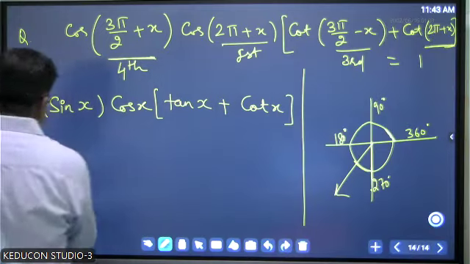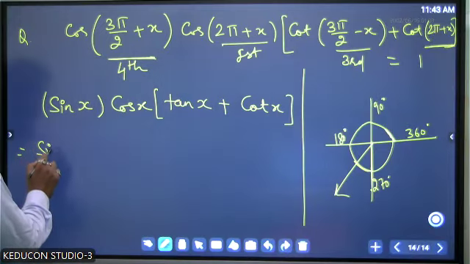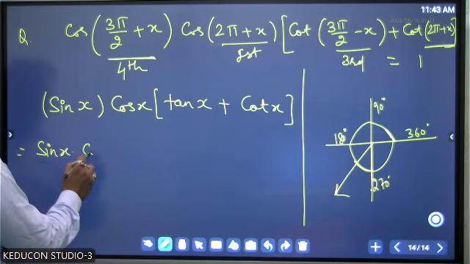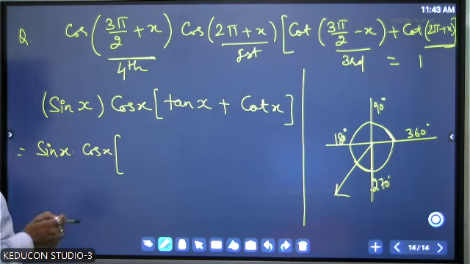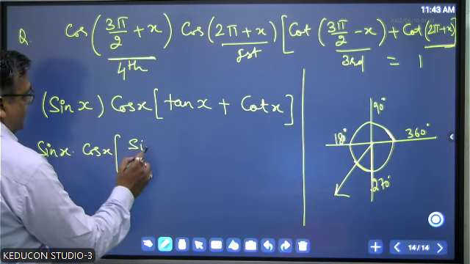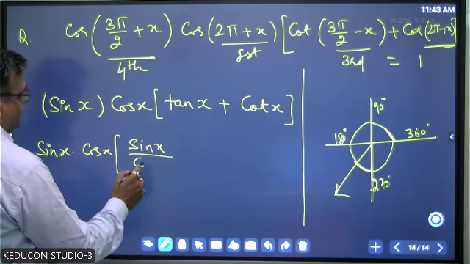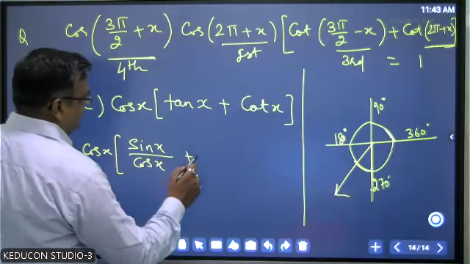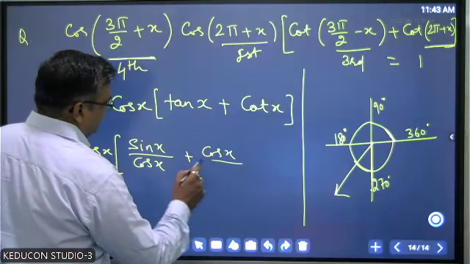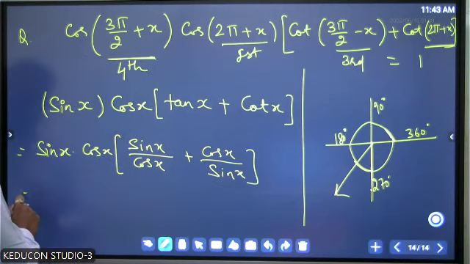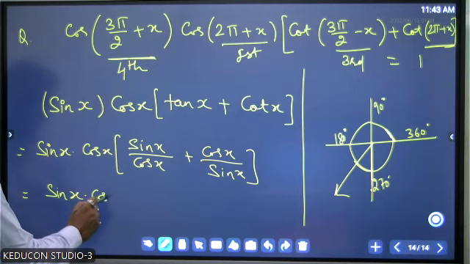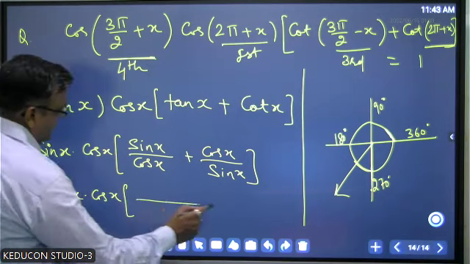Now we have to prove this equal to 1. How to do this? Change tan x and cot x into the sin x, cos x form. Take the LCM.